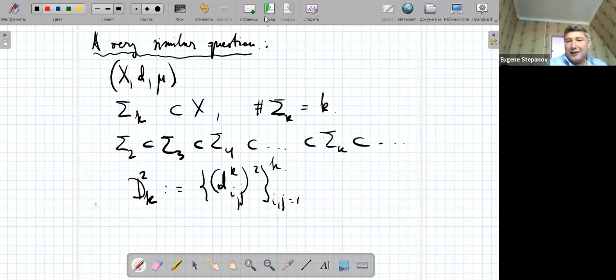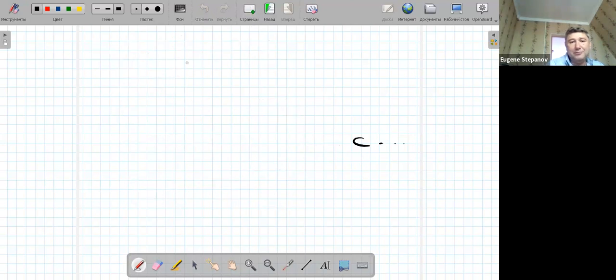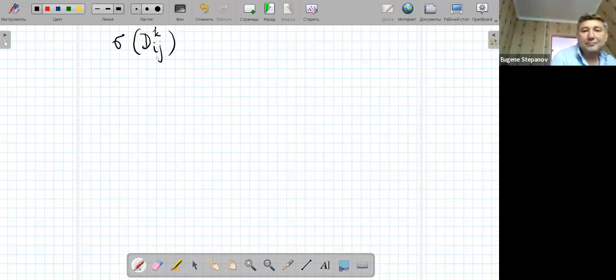And let us suppose that each time you are calculating this matrix, you are calculating the spectrum. So calculate sigma of d_ijk squared. Yes, it was called d_k squared.